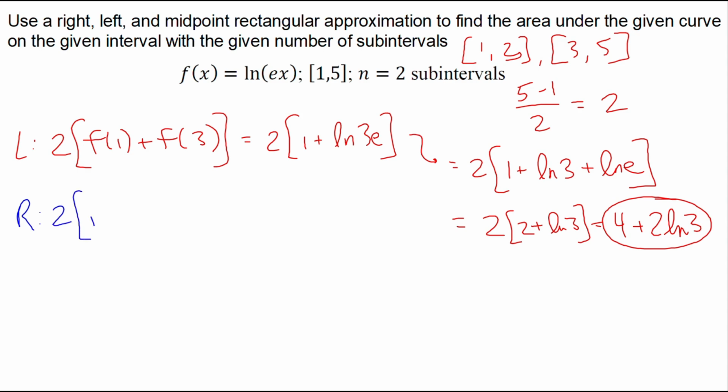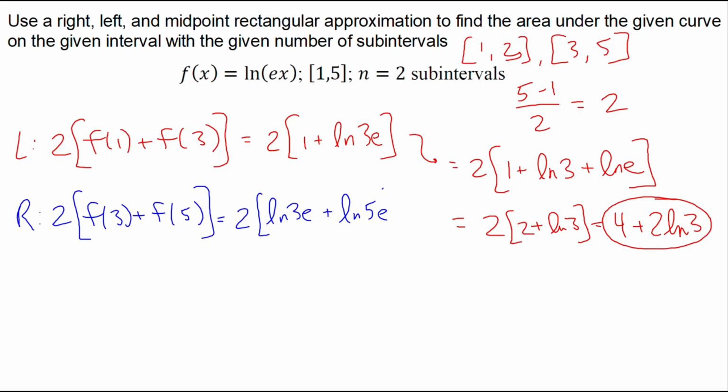It's 2 times f of 3 plus f of 5. Well, we already knew that f of 3 was the natural log of 3e, and f of 5 was the natural log of 5e.